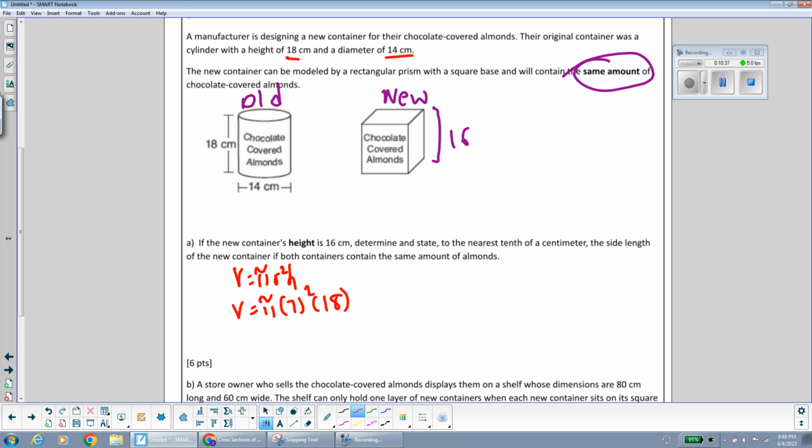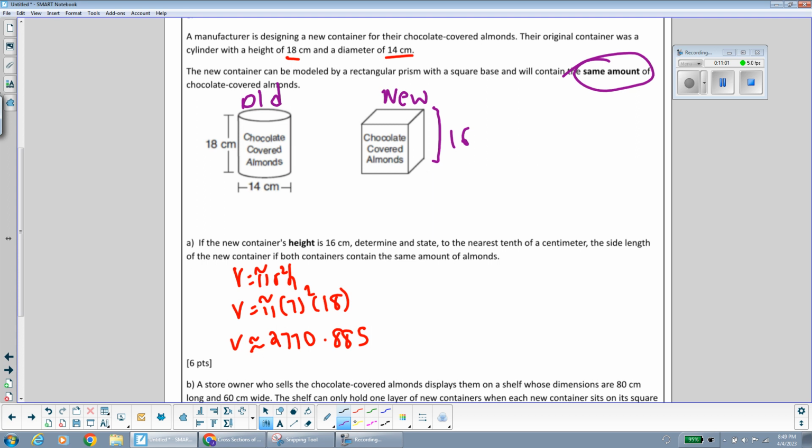I'm going to put this into my calculator. Pi times 7 squared times 18. And I got approximately 2770.885. I'm going to keep a couple of decimal places until my very last step here.